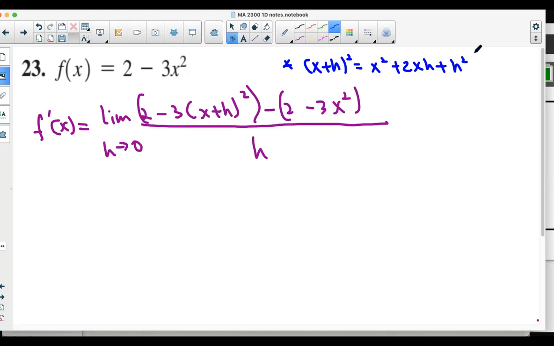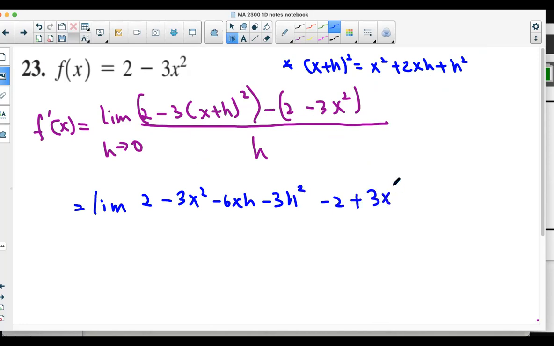So what we can do is rewrite this as the limit of 2 minus 3 times that, so minus 3x squared, minus 6xh because I multiplied this by negative 3, and minus 3h squared, and minus 2 because the negative sign is being distributed, plus 3x squared, over h as h approaches 0.